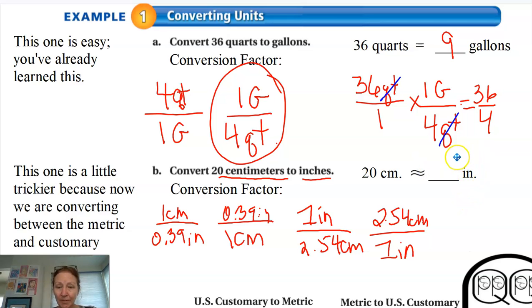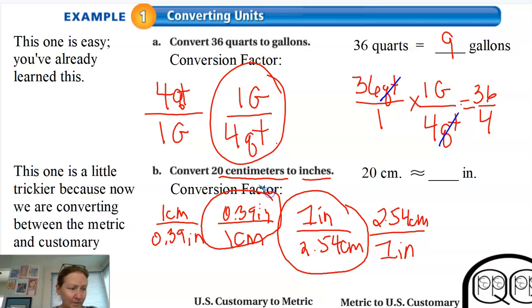So notice that it makes sense to use this conversion or this conversion. Doesn't matter which I use, I'm going to get the same answer. Okay, so I'm going to pick the 1 inch, 2.54 centimeters, so I'm going to set it up like this.